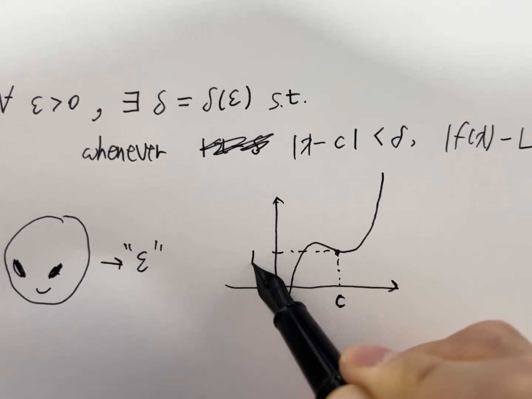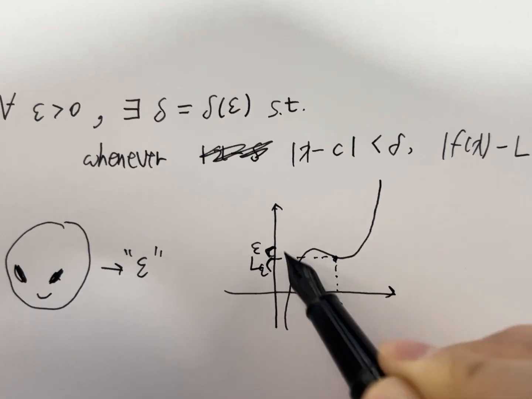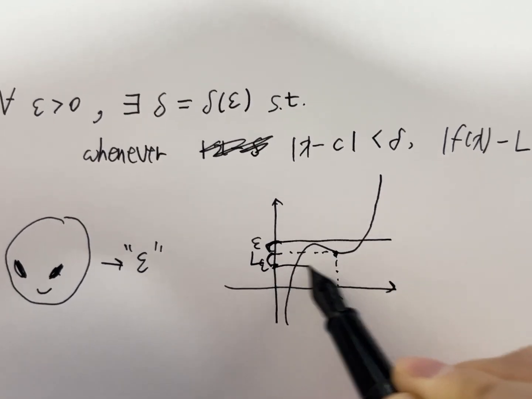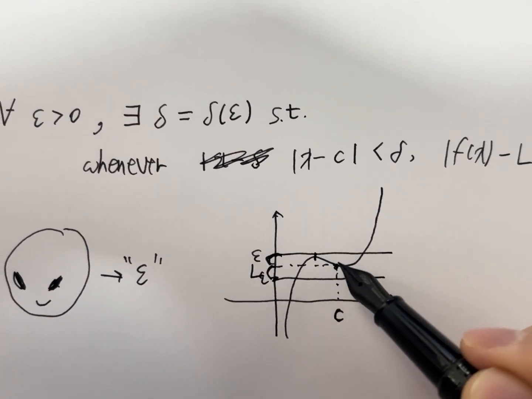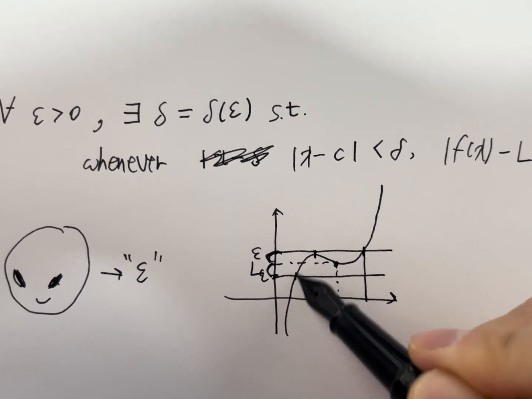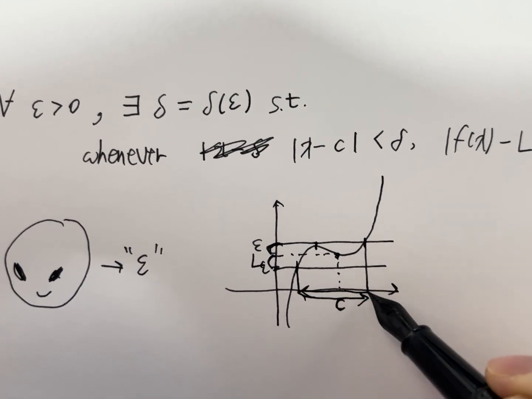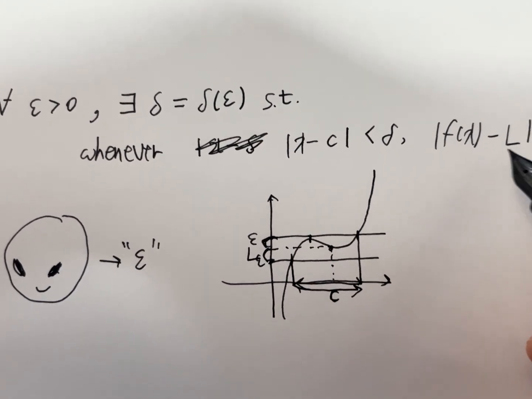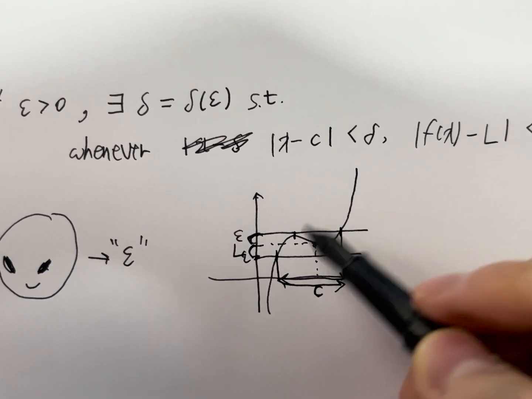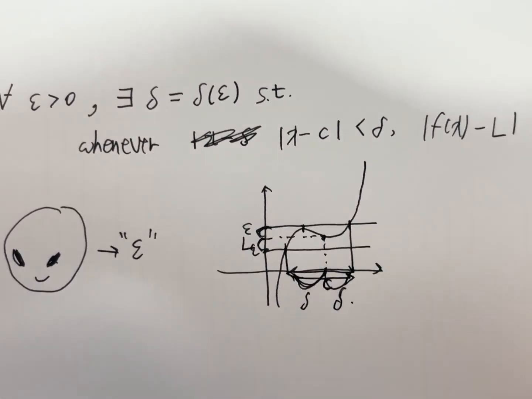So this is L, and this is small epsilon. In this area, for every x here, |f(x) minus L| is smaller than epsilon. So this value is delta.